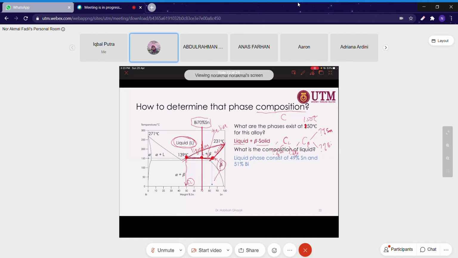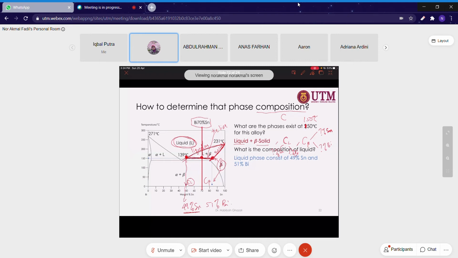At 150 degrees Celsius, the liquid contains a higher bismuth composition compared to stannum. Even though the total composition of the alloy is 70% stannum, at this particular temperature you have liquid where the concentration of bismuth is higher.